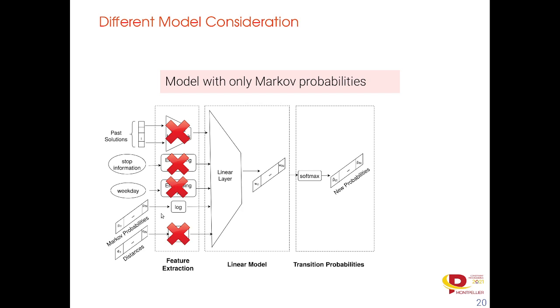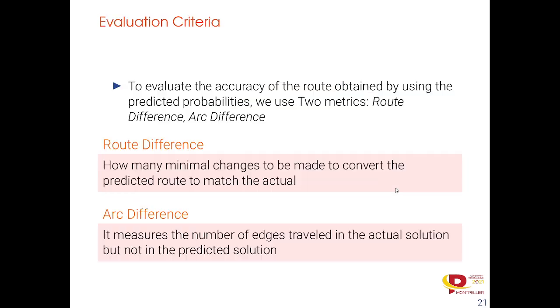But again, the difference is that we still do a training to minimize the cross entropy loss, instead of using the raw probability we get from the Markov counting. Now for evaluation we have two criteria: root difference and arc difference.